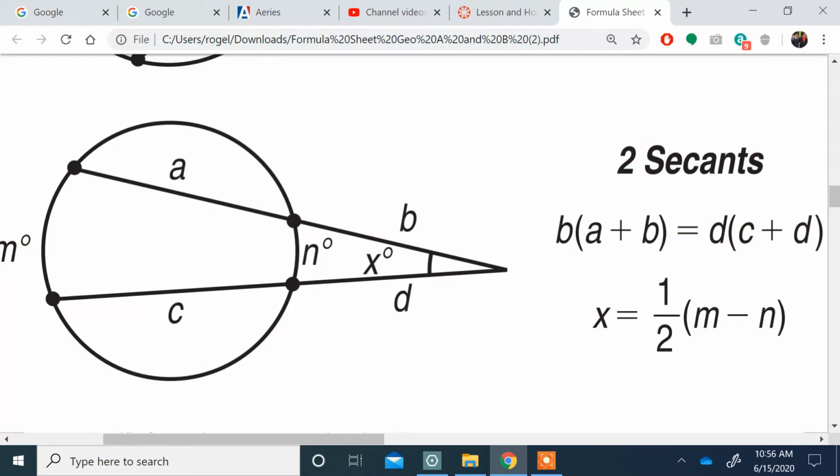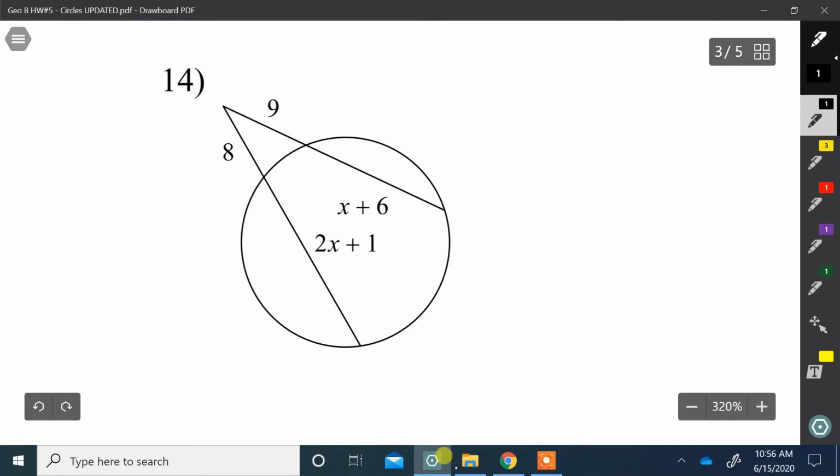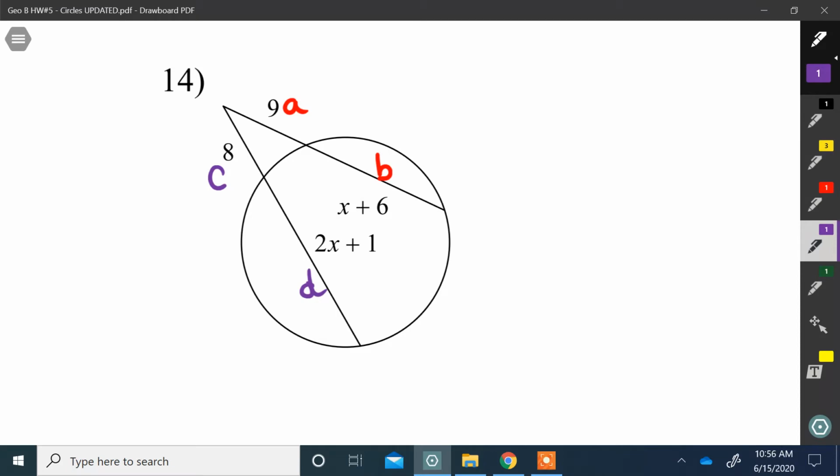So notice that the A goes with the B and the C goes with the D. So that's what you have to understand when you do this formula. They're on the same line.